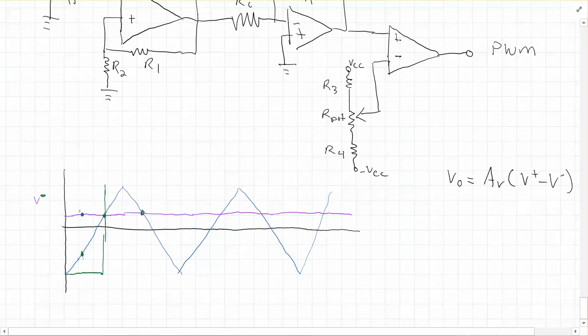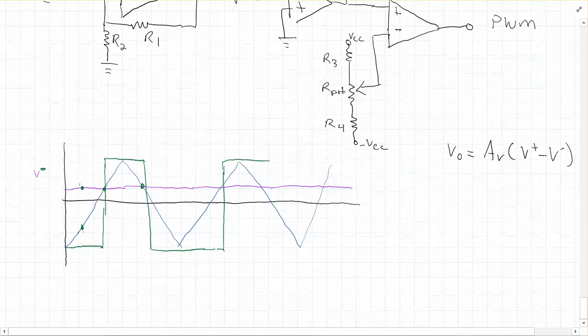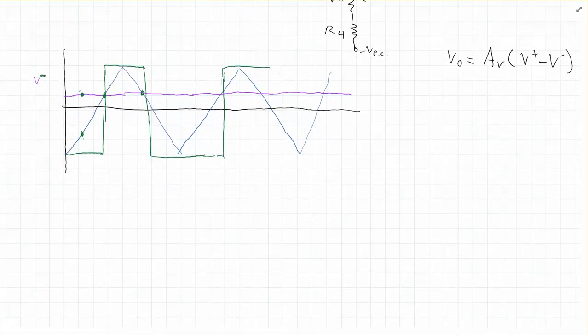And then right here, I'm going to saturate down to the negative rail again. Every time we cross here, we're going to saturate to the different rails, and so on and so on. So let's look at another one, but with the voltage set at a different location.